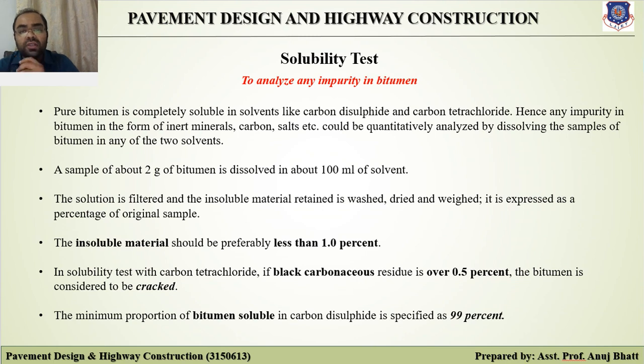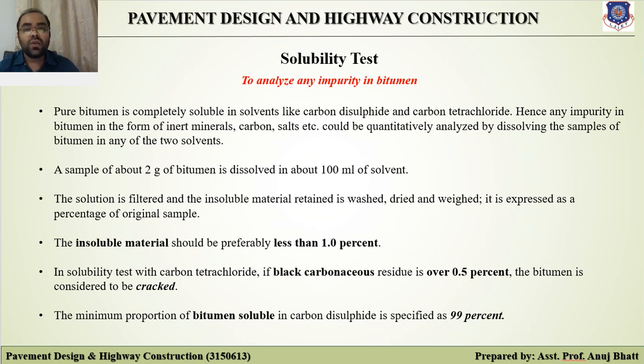Pure bitumen is completely soluble in solvents like carbon disulfide and carbon tetrachloride. Hence, any impurity in bitumen in the form of inert materials or inert minerals, carbon, salts, etc. could be quantitatively analyzed by dissolving the sample of bitumen in either of the two solvents, carbon disulfide or carbon tetrachloride.